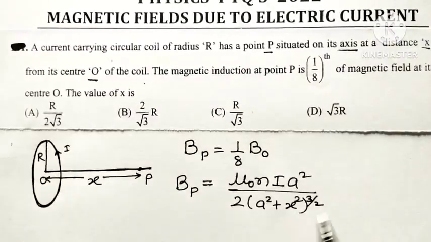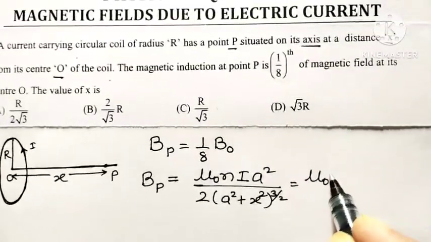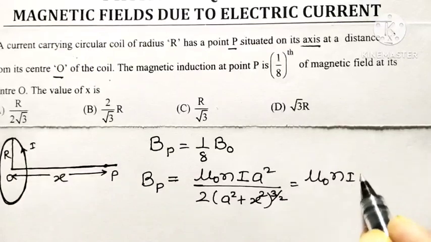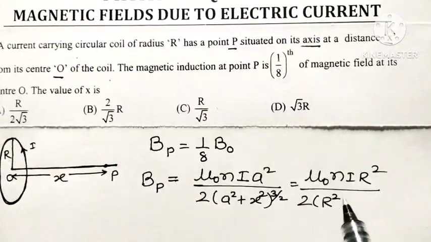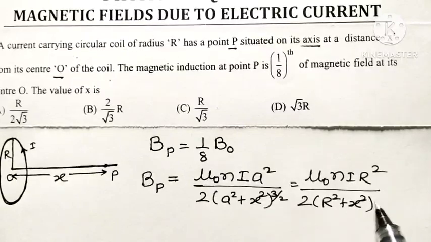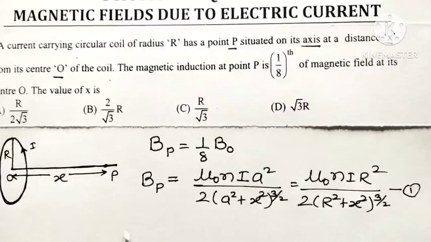Remember here, a represents the radius, which in the present case is capital R. So it is mu 0 n i into r square divided by 2 times (r square plus x square) raised to 3 by 2. This is the magnetic induction at any point P at a distance x along the axis of the coil from its center.